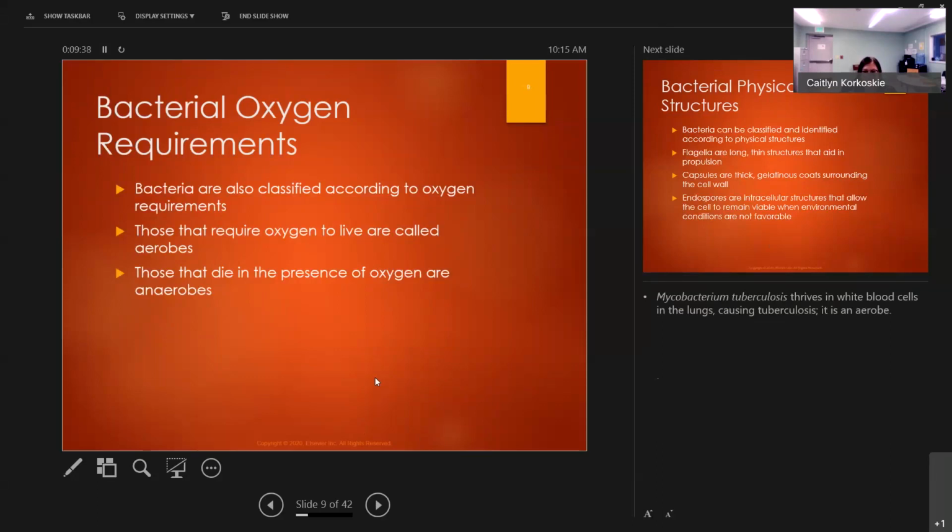Just like when we were going over the different types of anaerobic and aerobic culture tubes, aerobic bacteria would need oxygen to survive.